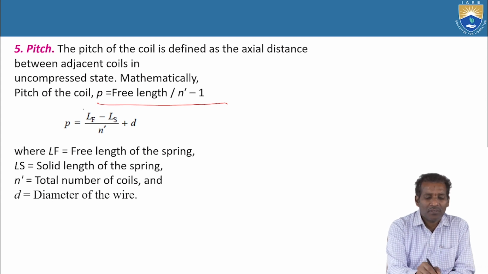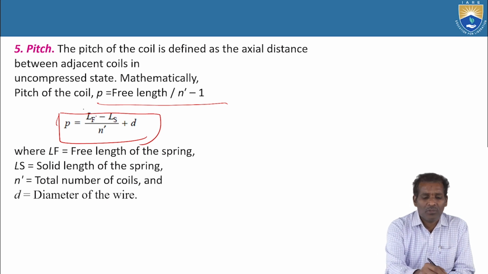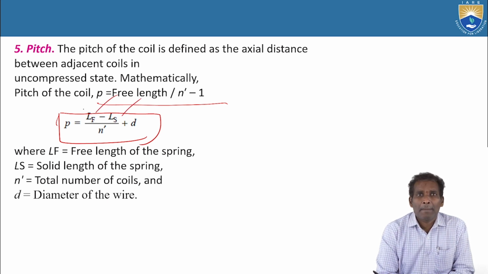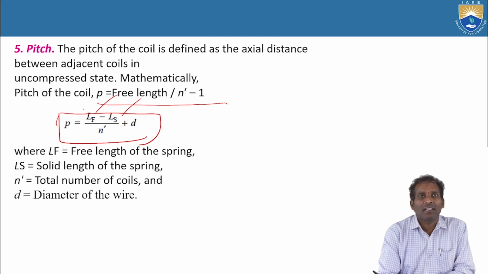So you can use this formula for calculating the pitch: LF minus LS upon n dash plus d. Already you know LF and LS. LF is the free length of the spring, and LS is the solid length of the spring, n dash is the total number of spring coils, and d is the diameter of the wire. So by using this relation, you can calculate the pitch of the spring.